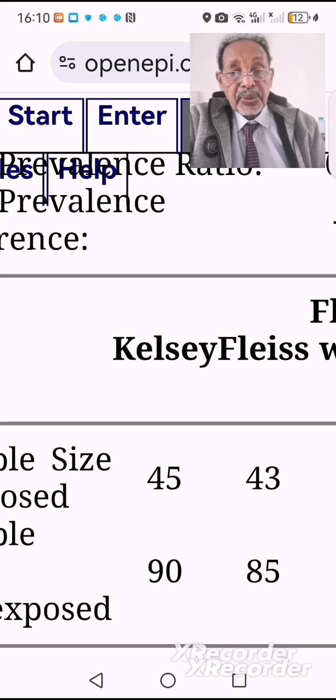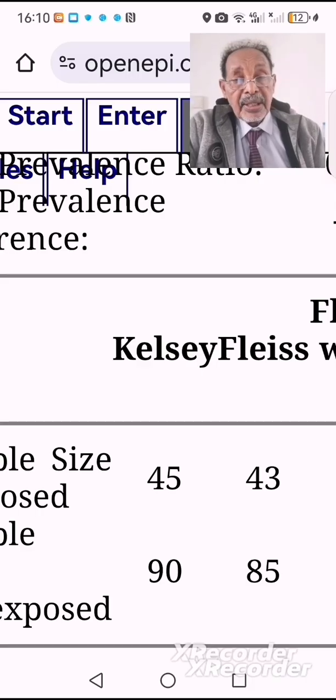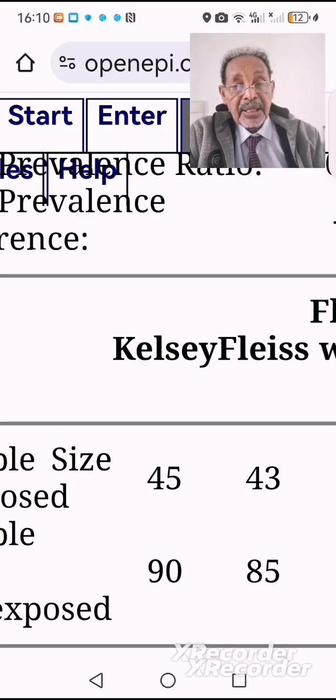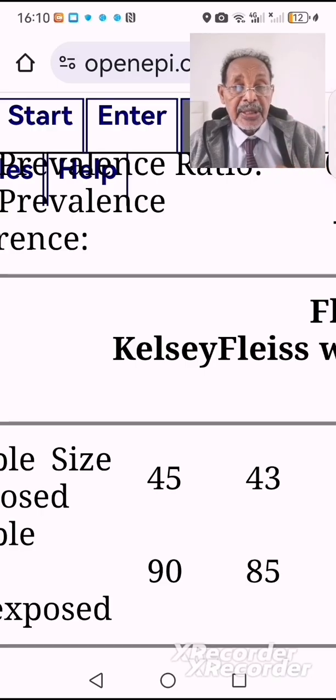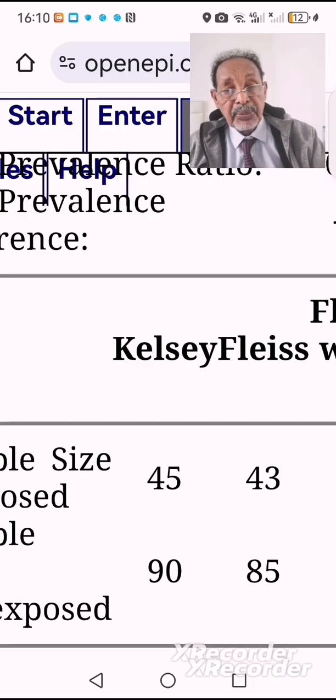These are examples of how to use the online calculators. The most important thing to me is to know on what basis do we calculate the sample size. On what basis? This is the most important question we should answer first, and then we find the sample size.